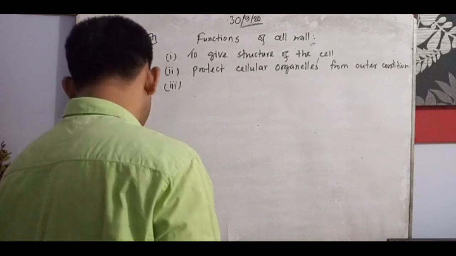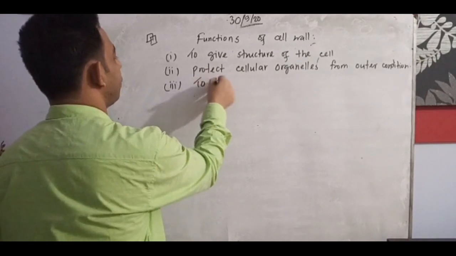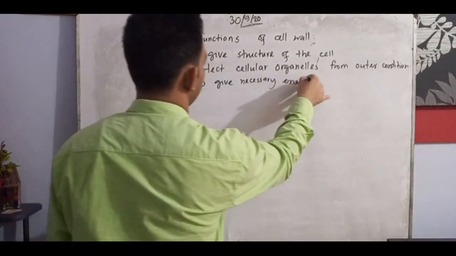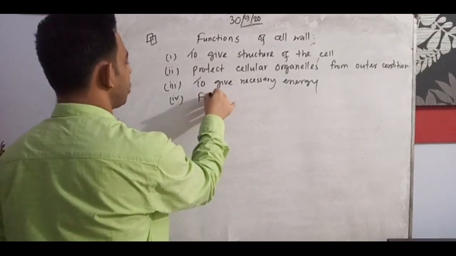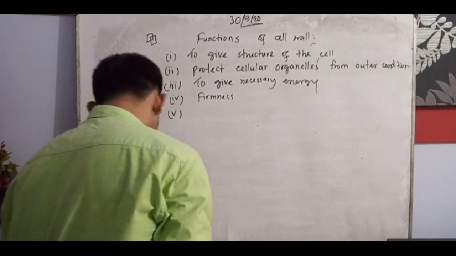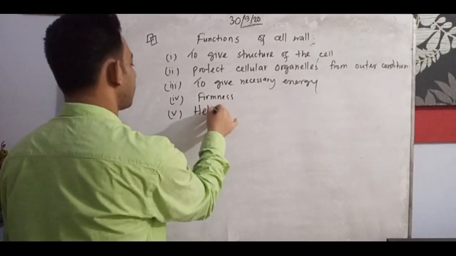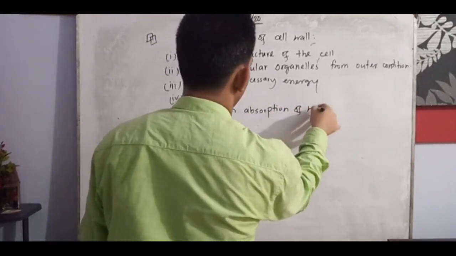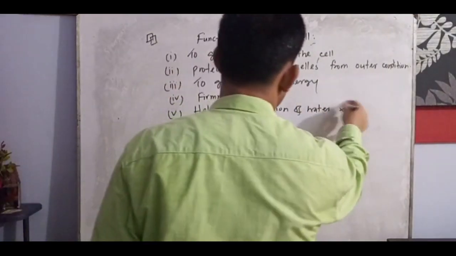Here they can give necessary energy. Number 4, firmness is a feature. Number 5, they help in the absorption of water and minerals.